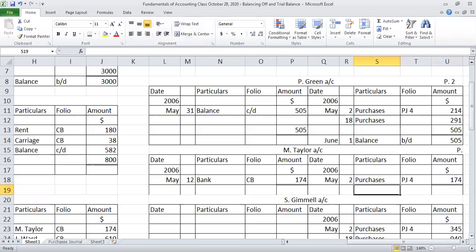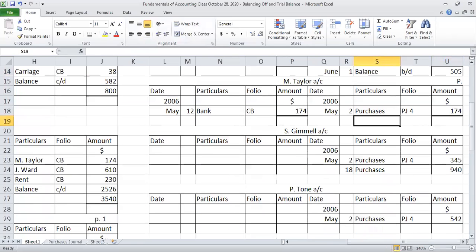In this case, all right? SGML now, the balance of SGML as well.